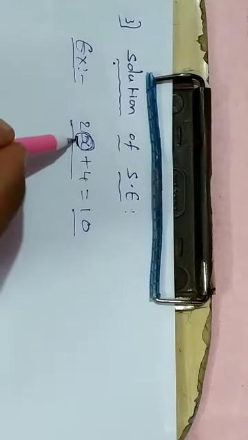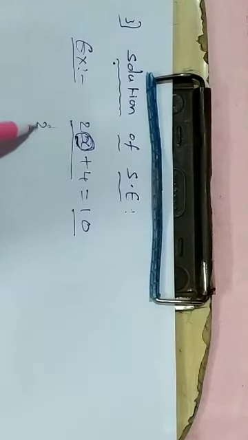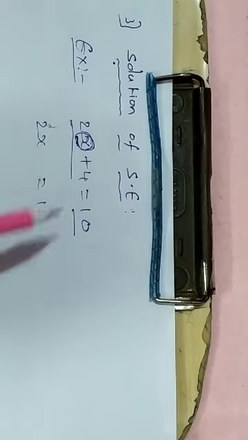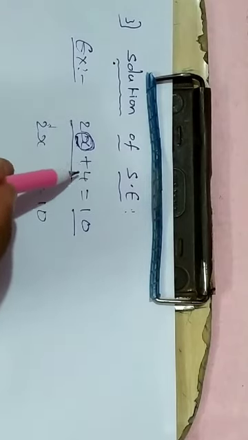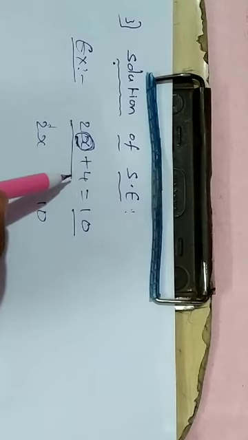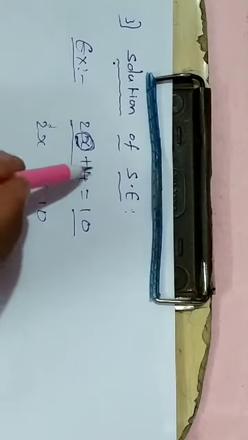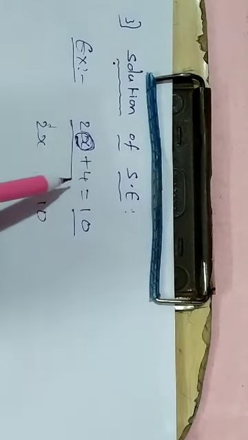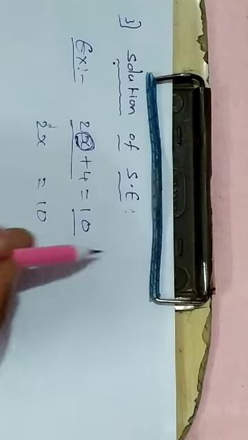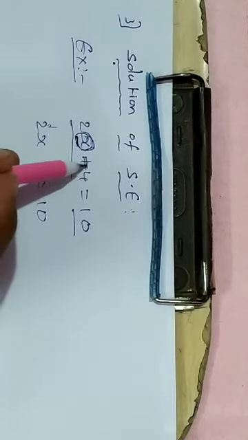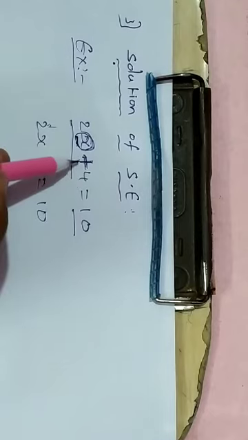Here we want to find x only. 2x is equal to 10. Here plus 4 is an integer, so first of all we transfer it from left to right. If we transfer terms from left to right, the symbols will change. Here it is plus 4.